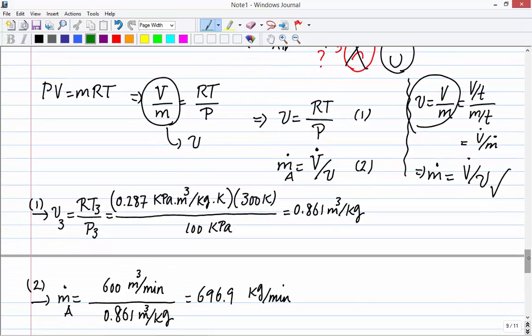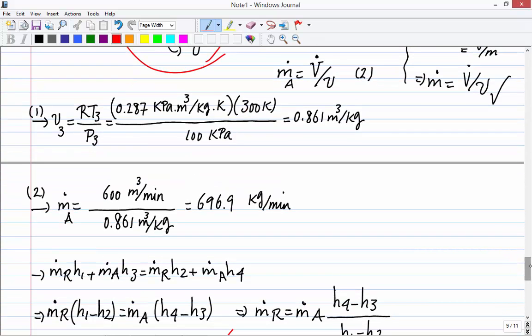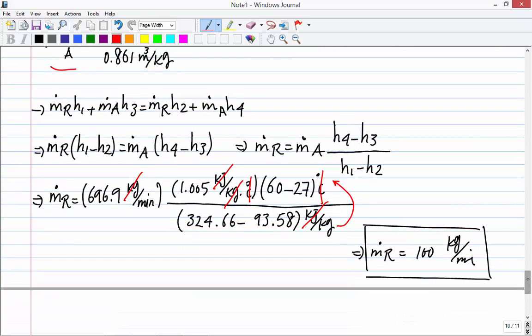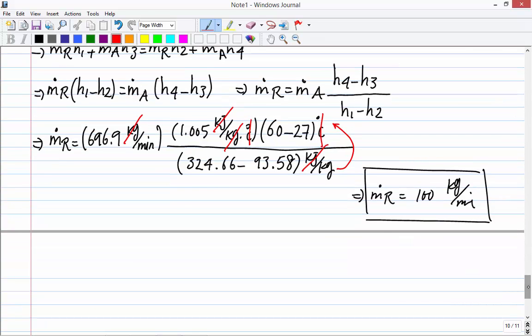Then we solved for the mass flow rate for the air, using the volumetric flow rate and the specific volume. Then we put everything we found into the main first law equation, and found the mass flow rate.